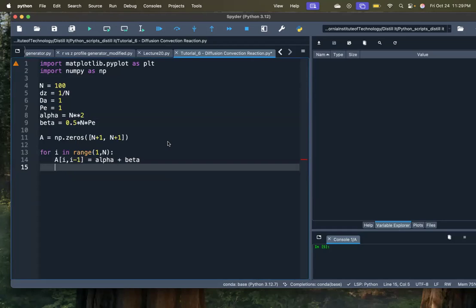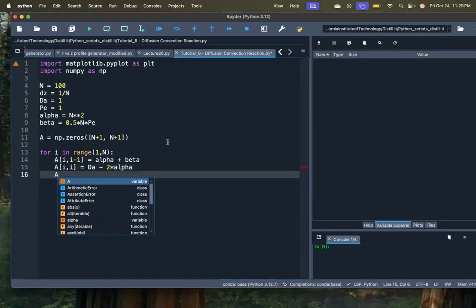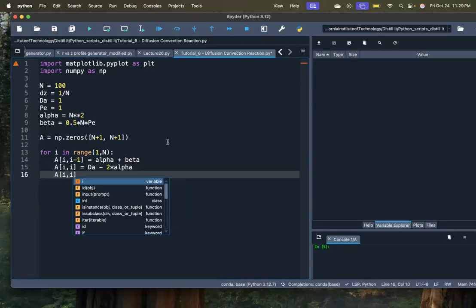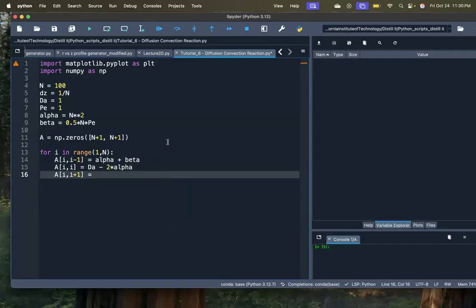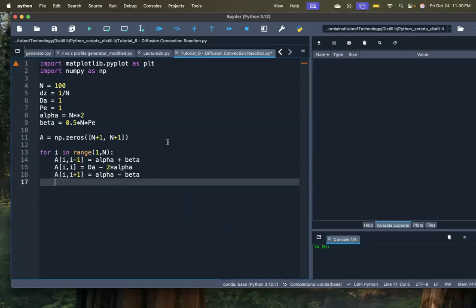Then we have A[i, i], which is the Damkohler number minus 2 times alpha. And then we have A[i, i+1], which is the one towards the right, and that's just alpha minus beta. So that formulates the A matrix in general.